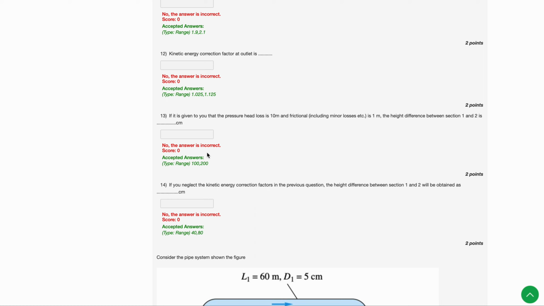If it is given to you that pressure head loss is 10 meter and frictional including minor losses etc. is 1 meter, what will be the height difference between section 1 and section 2?